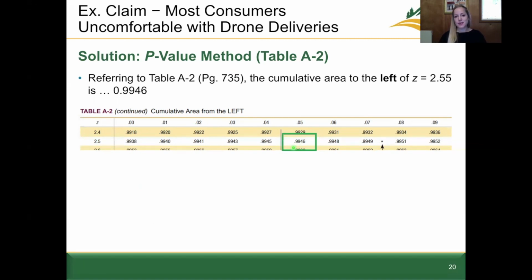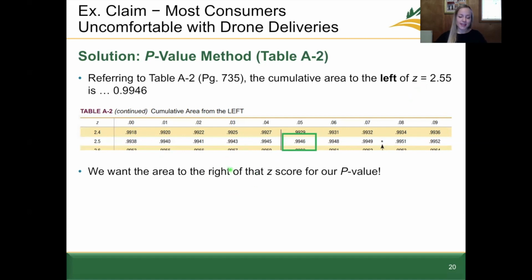We locate that probability or area value to be 0.9946. Remembering again that table A2 and Excel always tell us in reference of cumulative area from the left, so we know this value here is our cumulative area from the left using a z-value of 2.55. So we're one step further here, but really we want the area to the right of that z-score to get our p-value of interest for a right-tailed test.